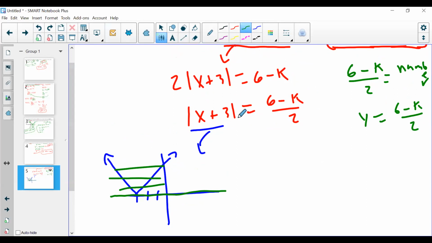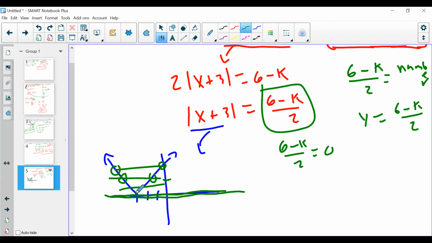I'm basically asking, what this absolute value graph here in blue, how many solutions does it have when it equals some number? Let's say it equals 2. It has two solutions. If 6 minus k over 2 equals, say, 4, you still have two solutions.